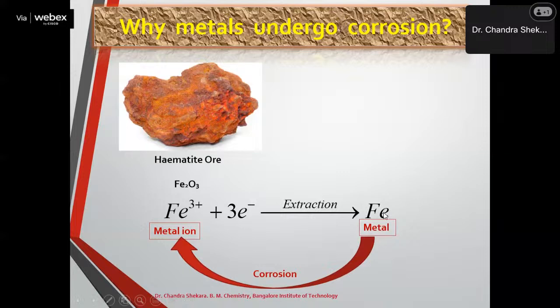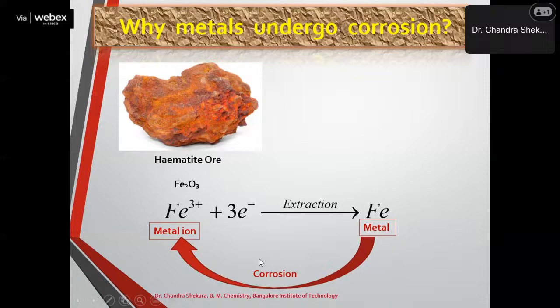And here iron metal undergoes a reaction in the reverse manner, and it is oxidized to Fe3+ when it is exposed to the environment. And this natural tendency of iron metal to undergo oxidation to its natural form, the original form we find in hematite ore, that is Fe3+, we call this corrosion of the metal.